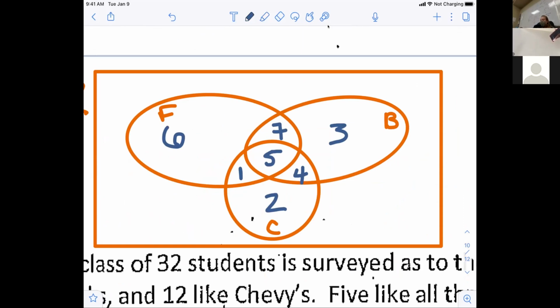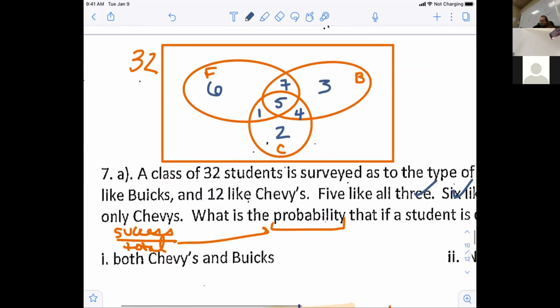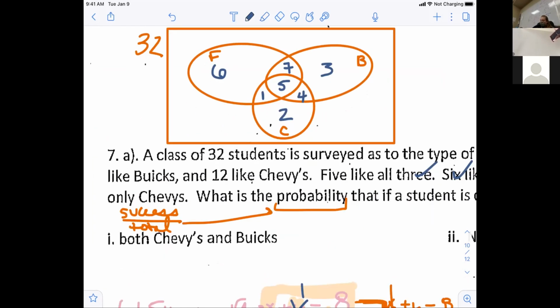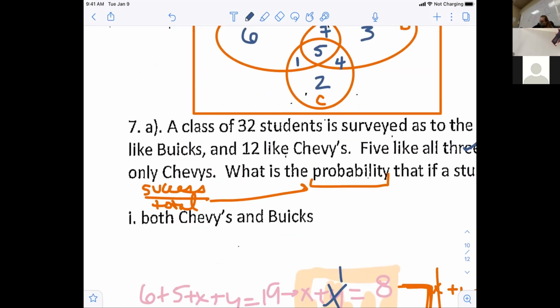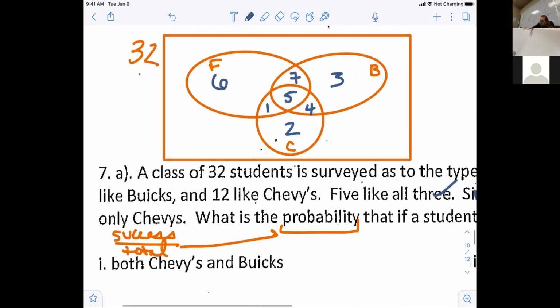And so I am going to use that to find probability of the two questions I asked. The first one says both Chevys and Buicks. So what's the probability that a student chosen at random will like both Chevys and Buicks? Okay, so I want ones that go in the Chevy category and go in the Buick category.